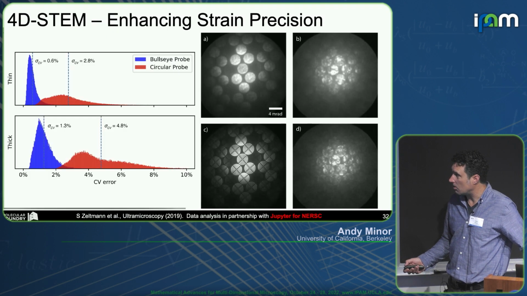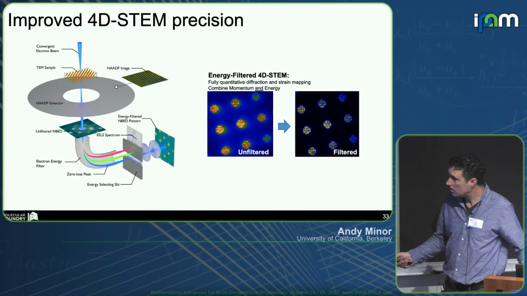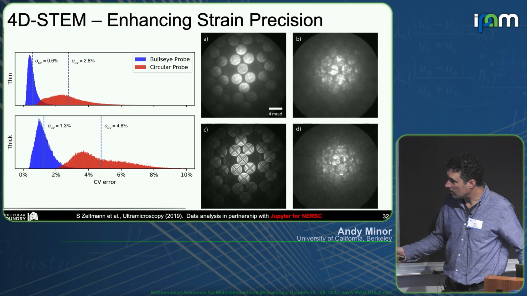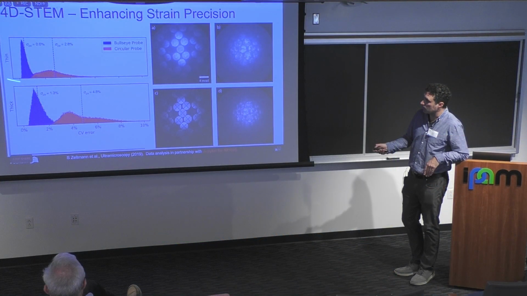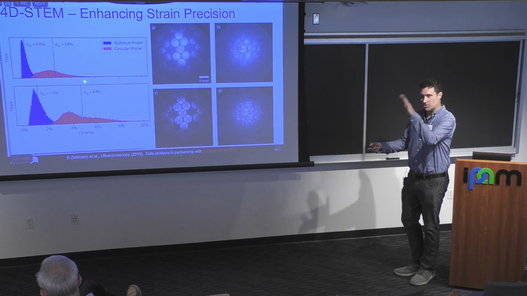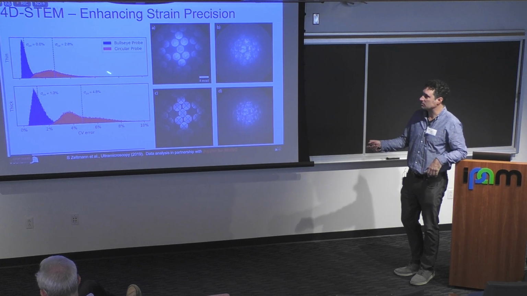The bulge apertures that Colin talked about yesterday, enhancing the strain precision. Again, you really couldn't do this without them, because one of the biggest impacts of these bulge apertures is actually in thick samples. So you see here the difference between a thin and a thick sample in terms of the cross validation error, which is, as Colin described yesterday, if you index one half of the diffraction pattern and ask how well does that predict the other half of the diffraction pattern.